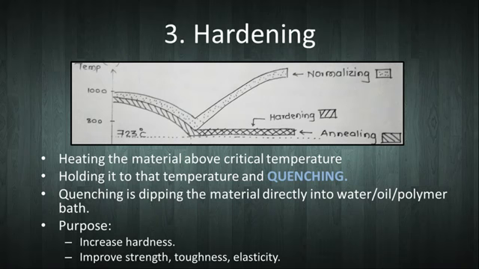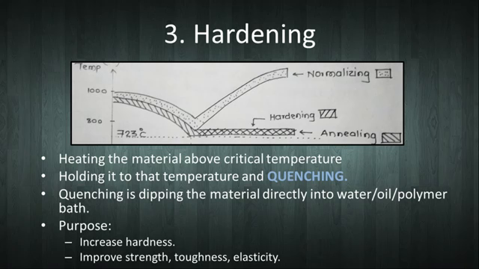Hardening. It is process of heating steel to temperature above critical temperature, then holding it at that temperature for specific time, and very importantly, quenching it. Quenching is dipping the material directly into the bath of oil, water, or polymer.